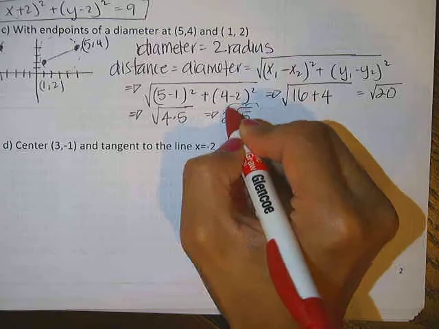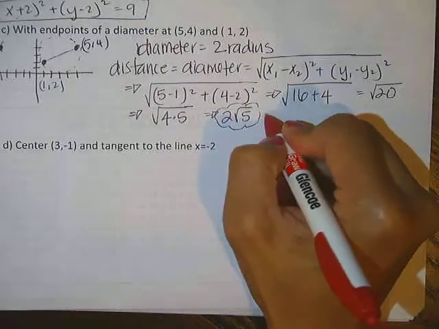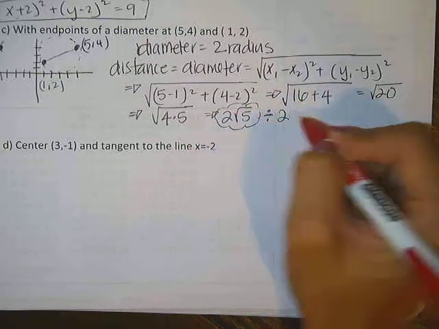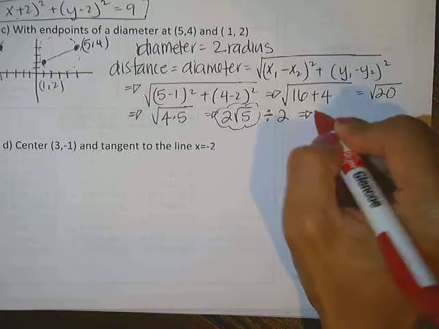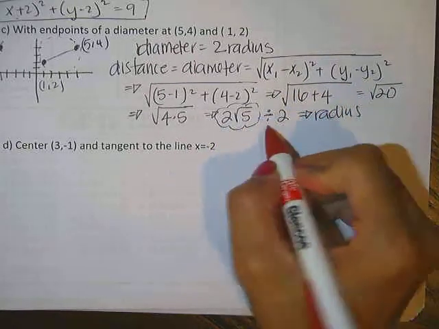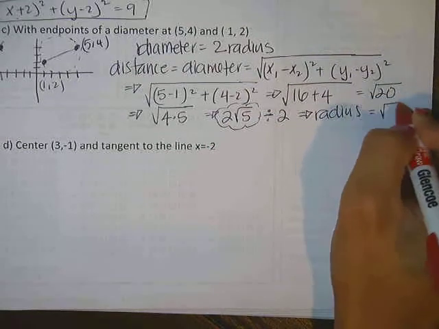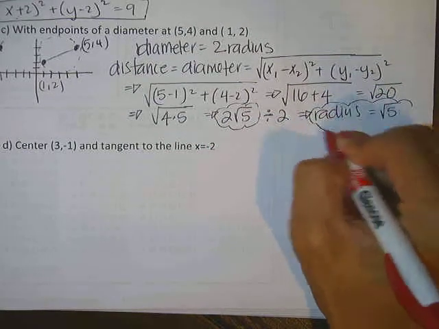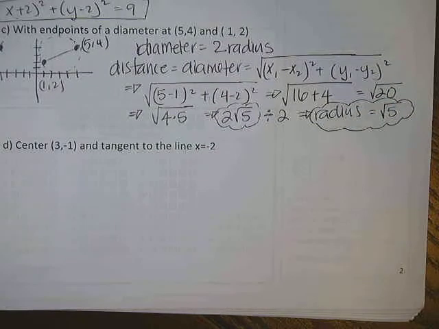So this is currently my diameter. If I divide that by 2, I'm going to get my radius. So the radius is 2 root 5 divided by 2, which is simply rad 5. So right now, this is my radius. Well, it's nice to have the radius, but what else am I missing?